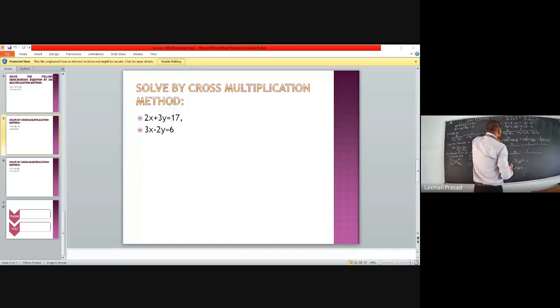So 6 3, minus 8, minus minus plus plus, minus minus again. 17 twos are 34. Then 17 threes are 51. Minus 50. Minus minus plus 6 twos are 12. 2 twos are 4. That's minus 4. Then minus 3 threes are 9.